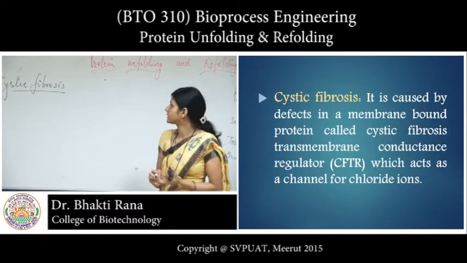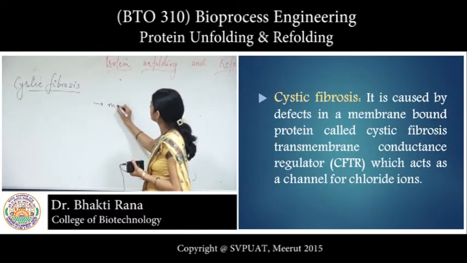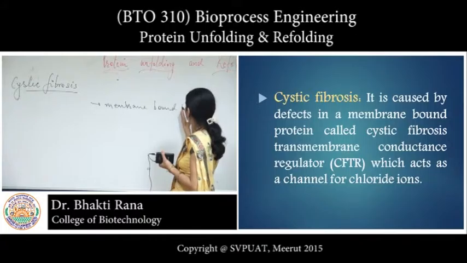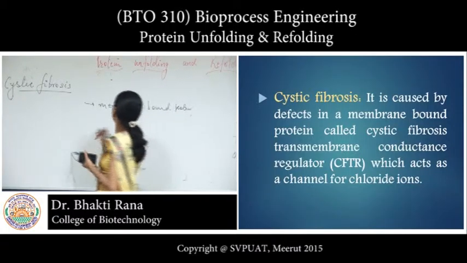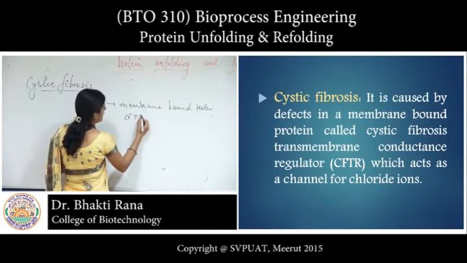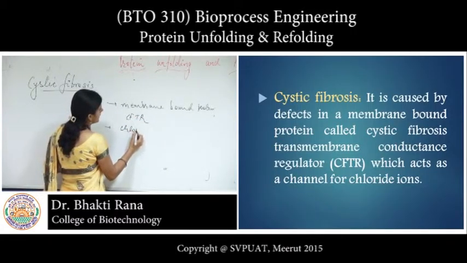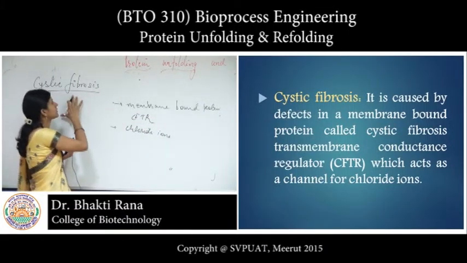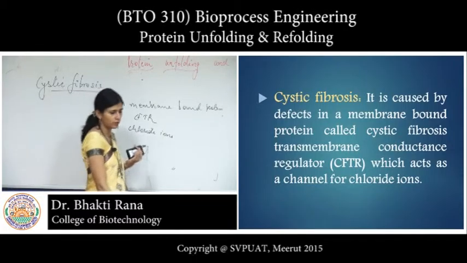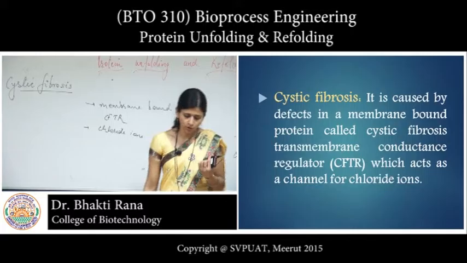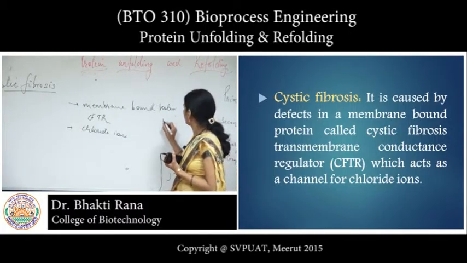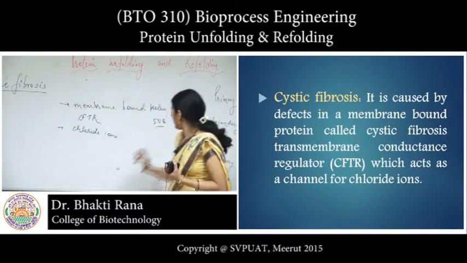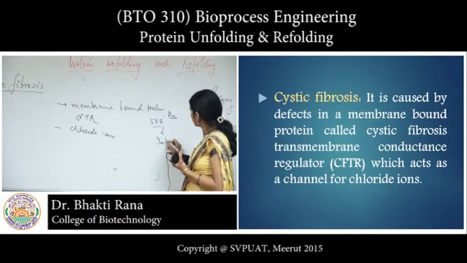It is caused by a defect in a membrane-bound protein, that is CFTR, which is responsible for the transfer of chloride ions. When there is a mutation in this, cystic fibrosis is caused, which is a very common disease in humans. It is caused due to deletion of a phenylalanine residue at position 508, which results in improper folding.